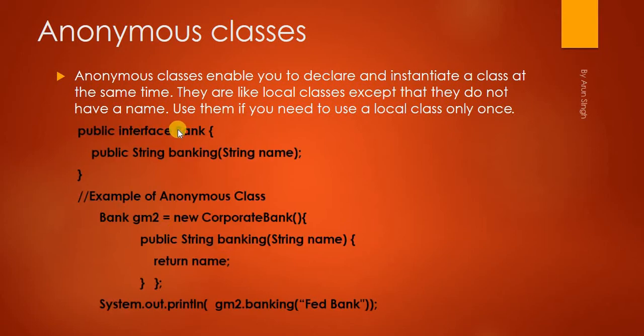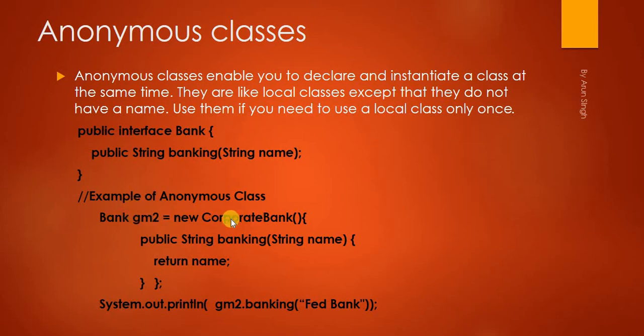There we have an interface Bank, with a public String banking(String name). In this example of anonymous classes, we have interface Bank gm2 equal to new CorporateBank. CorporateBank is implementing this Bank, and I'm creating an instance of it and storing it in gm2.